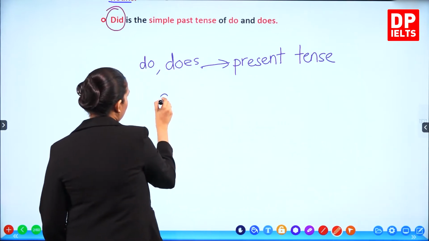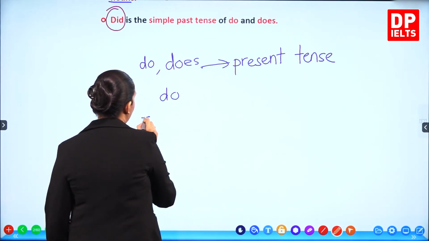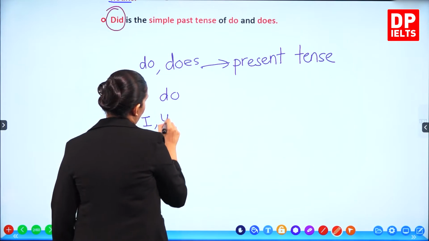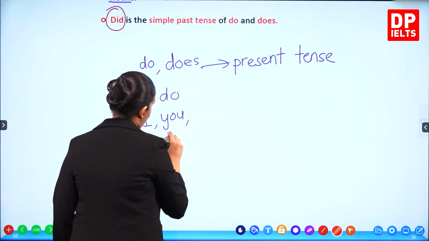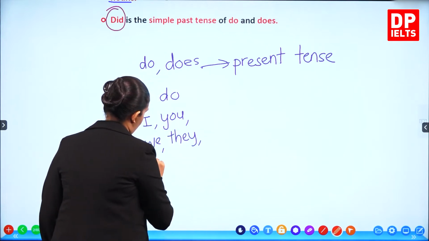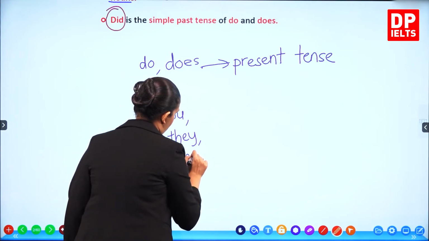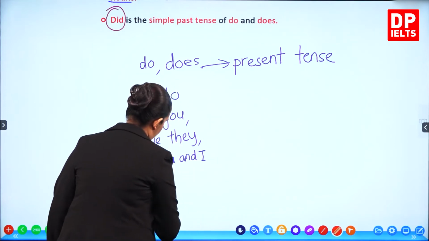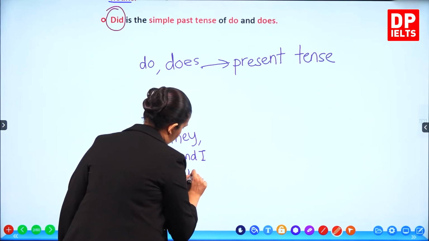Do is used with I, you, we, they, Maya and I. It means plural nouns.